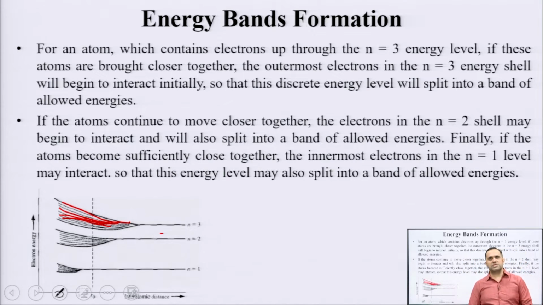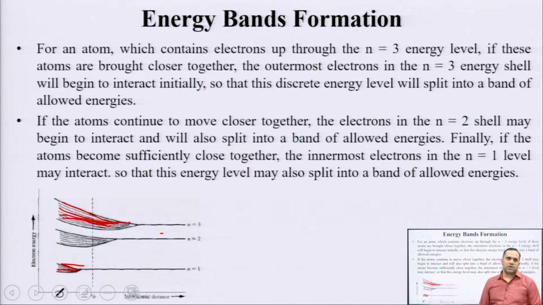For further reducing the interatomic spacing, the innermost electrons, or the electrons of the inner shell, now start to interact and their discrete energy levels start to split. If the interatomic distance is sufficiently reduced so that the interaction becomes very strong, the innermost electrons are the last ones, but they can also split.